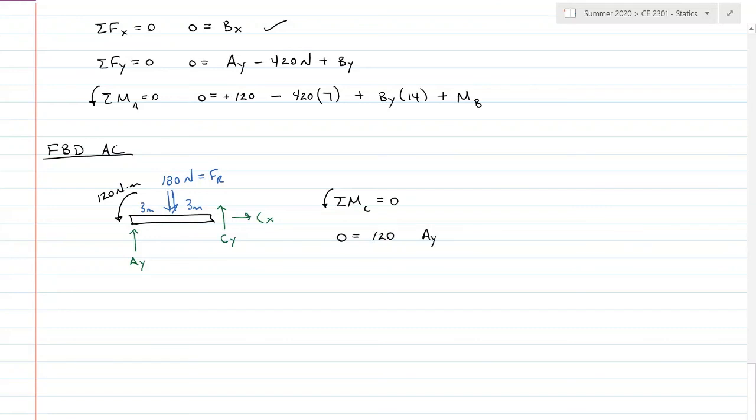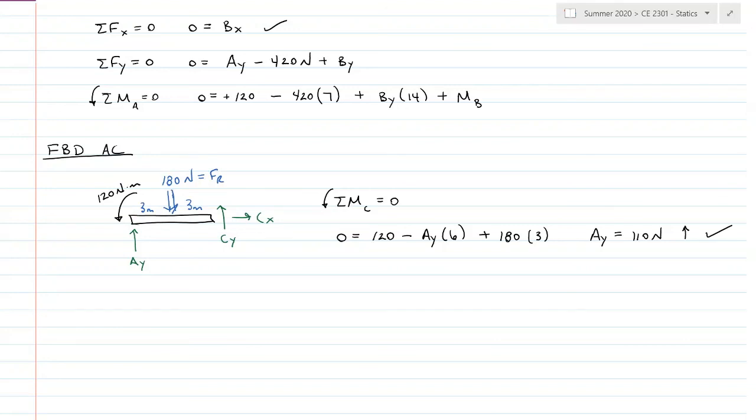I'm going to have AY acting at 6 meters, and it causes a clockwise rotation. And then I have my force resultant, 180, acting at 3 meters. That causes a counterclockwise rotation. And I have one unknown, one equation. AY is equal to 110 newtons, and it ended up positive. So my assumption is correct, and it is acting up.